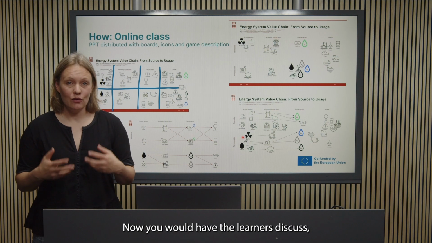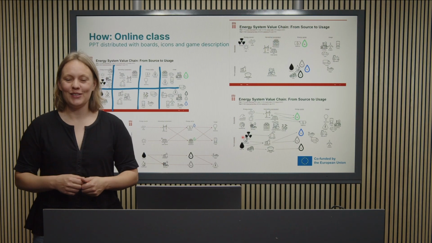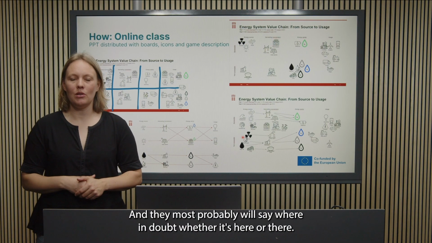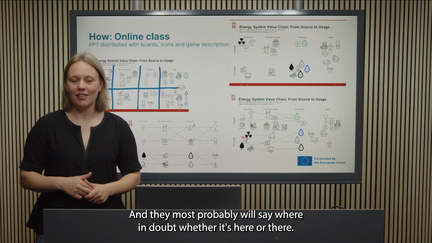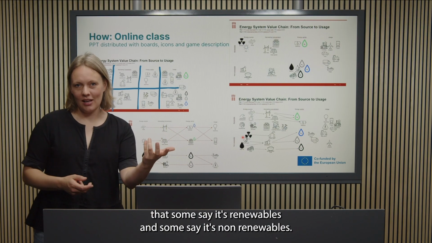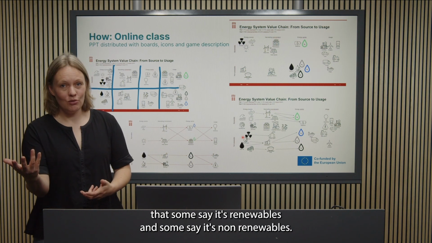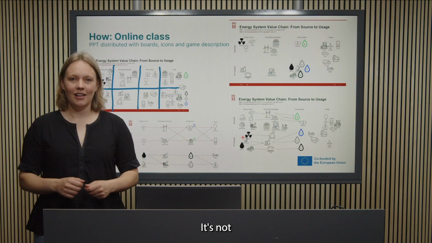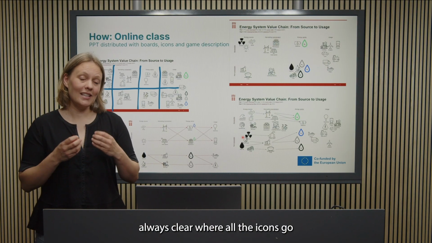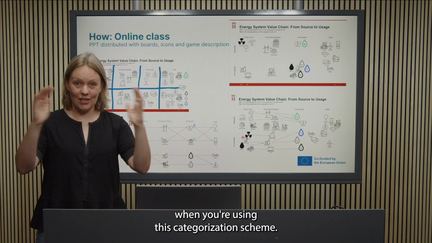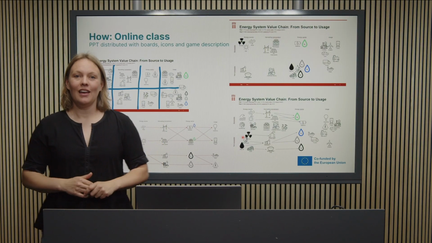Again, now you would have the learners discuss, make clear what their arguments are, and they most probably will say we are in doubt whether it's here or there, because we've observed that some say it's renewables and some say it's non-renewables. So it's actually debatable. It's not always clear where all the icons go when you're using this categorization scheme.